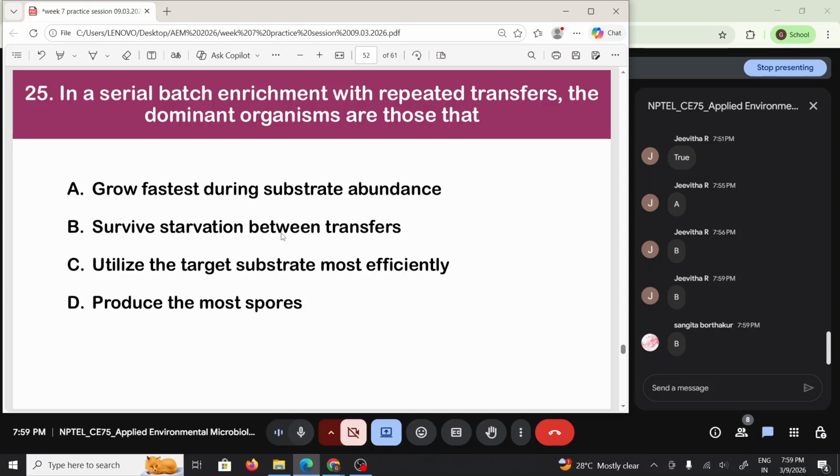So the right answer here is B. Survive starvation between transfers. So I think you are familiar with this concept of K strategists and R strategists.